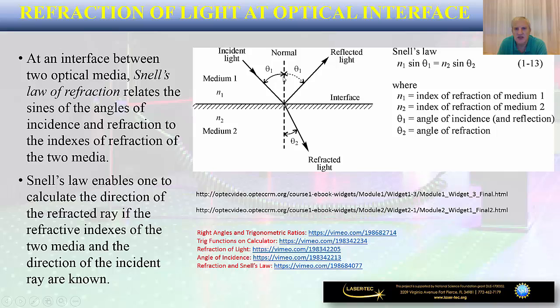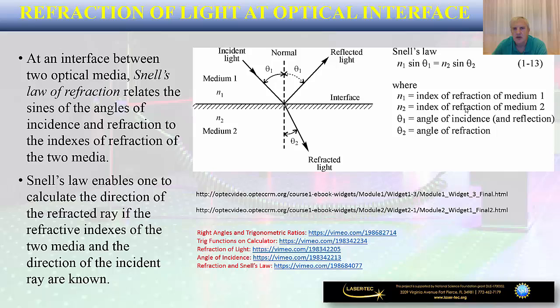This is going to be this dotted line, and the angle that the incident light ray establishes with that axis is equal to theta 1, while the angle that the refracted light ray establishes with that axis is represented by theta 2. So these two angles, theta 1 and theta 2, that appear in the formula for Snell's law of refraction are the incident angle and the refracted angle.